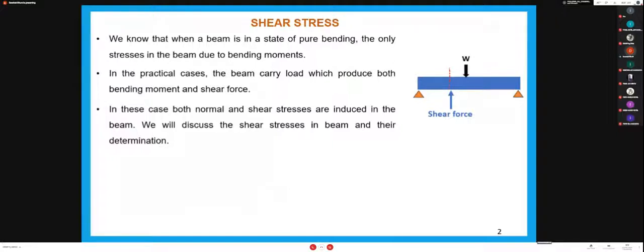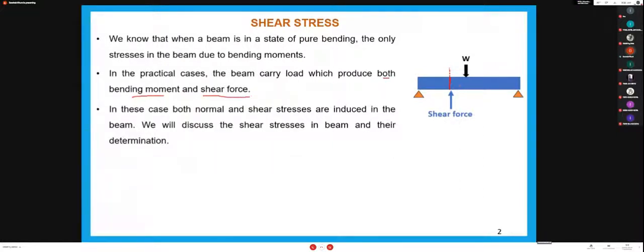So based on that shear force, if you consider the cross section area, according to that area there are stresses. When we know the beam is straight in pure bending, the only stress in the beam is due to the bending moment. But in the practical case, a beam carries loads which produce both bending moment and shear force.